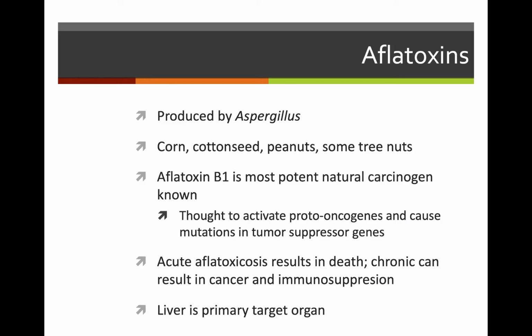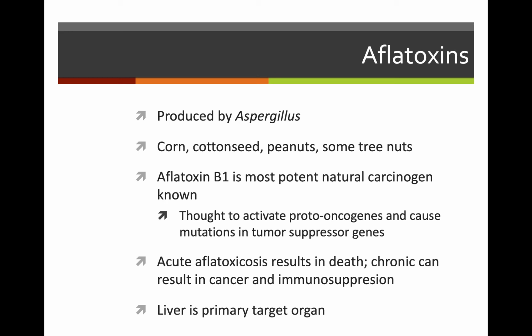So the first group of mycotoxins that we'll talk about are the aflatoxins. These are produced by members of the genus Aspergillus. They contaminate many common crops, including corn, cottonseed, peanuts, and some tree nuts. One of the particular aflatoxins, aflatoxin B1, is the most potent natural carcinogen known.